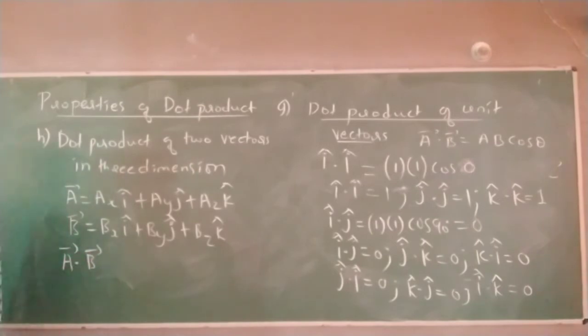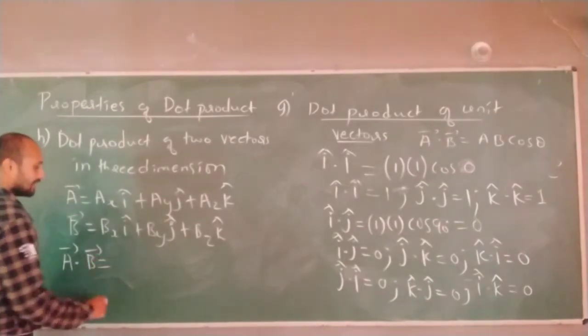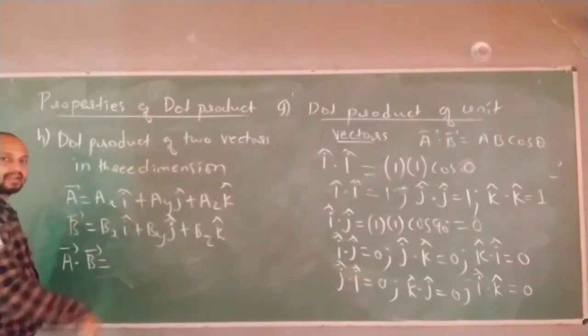If I do dot product A dot B in 3 dimensions, what am I going to do? I am just multiplying them as they are. How am I going to multiply? I will just write AB cos theta, that is in terms of magnitude and direction.